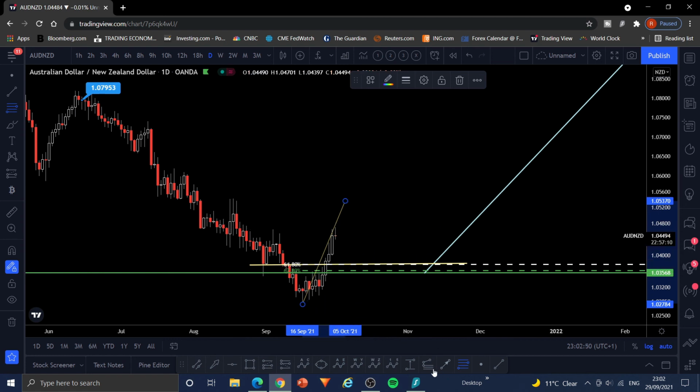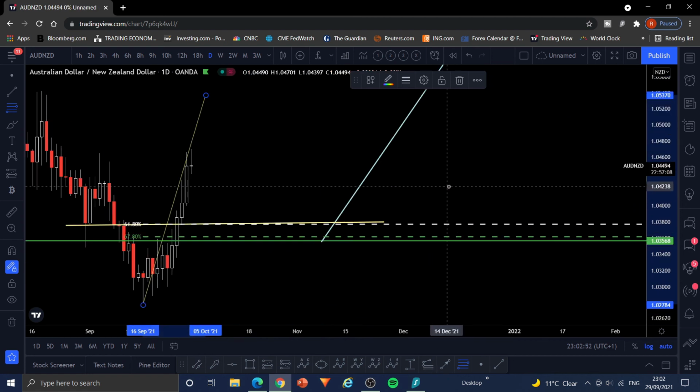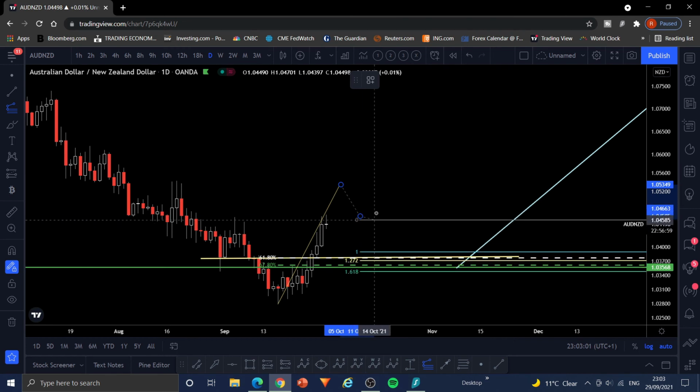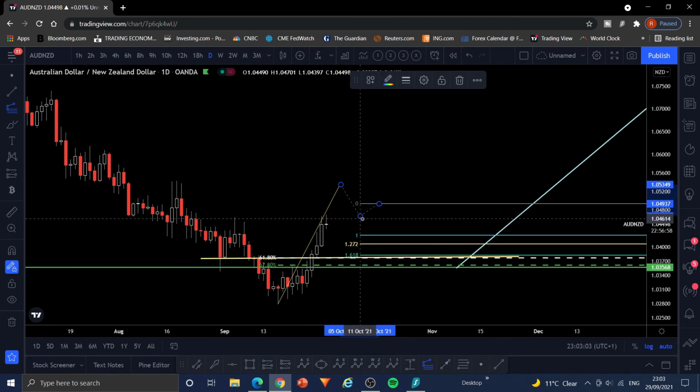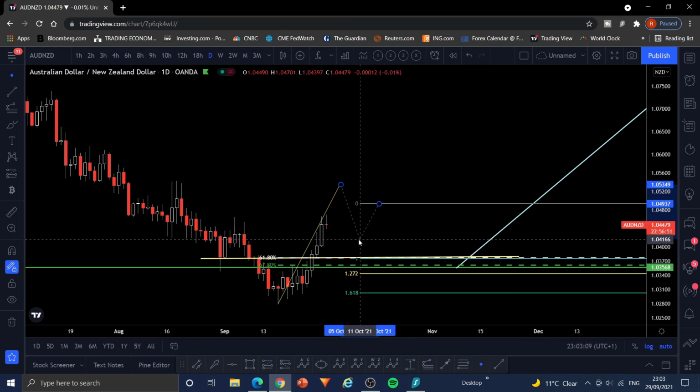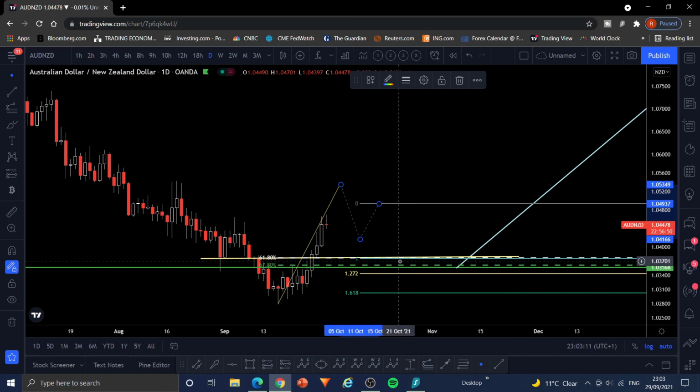What I'm also going to be hoping for, as I fatten this up some more, is some kind of fib extension, and I'm sorry this is messy, some kind of fib extension which also lines up there. So can you see how I pick my levels, how I pick my areas to trade off of?